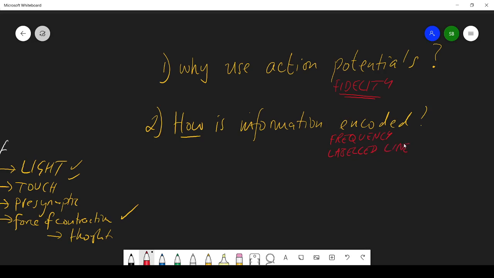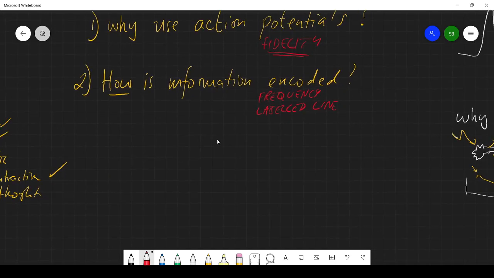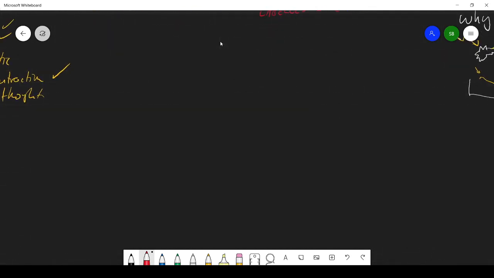So I've answered two really important questions. Why do we use action potentials, and how do we actually represent information in the brain? I'm just going to add two more things now, just to complicate things just one little bit. And it's a couple of observations really. One, not all neurons have action potentials.